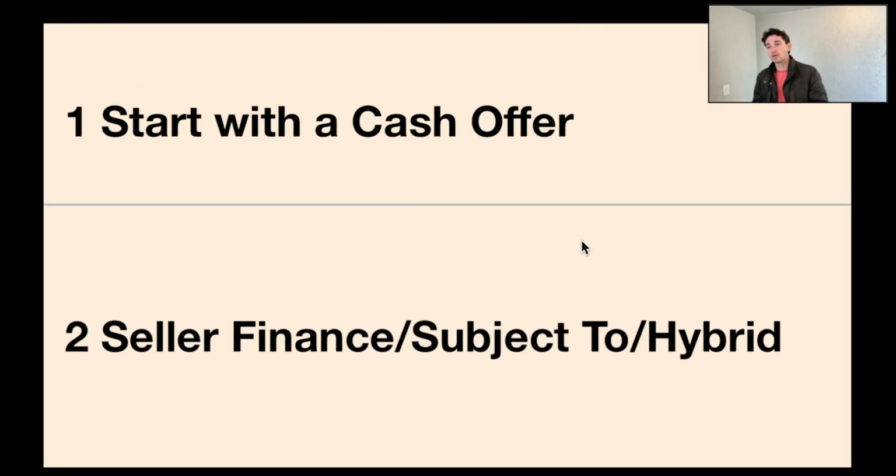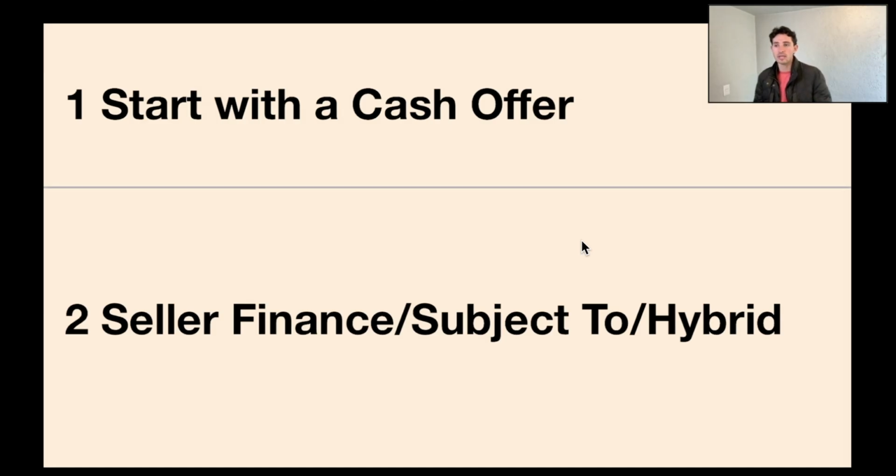The second thing that I would offer is, and this is really important, make sure that before you go into having a conversation about what is called creative finance, seller finance, subject to, hybrid, which is combining seller finance and subject to, you ask them about the mortgage balance. Why? Because it affects everything.